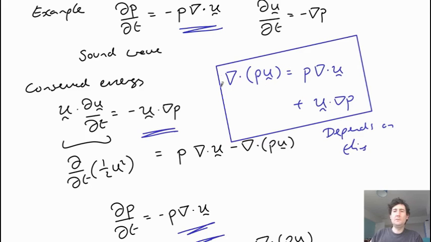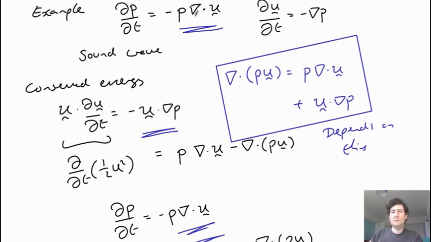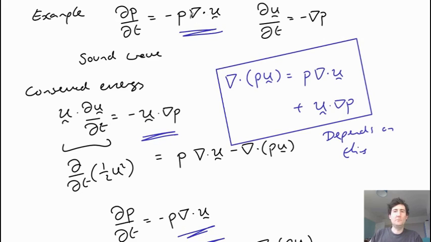And so as long as this relationship holds, we can ensure that our energy is conserved, because in our equations we have this divergence, so p times this divergence of u, and we have this gradient operator, and so we need to write down our numerical method such that the divergence operators and the gradient operators obey this equation.